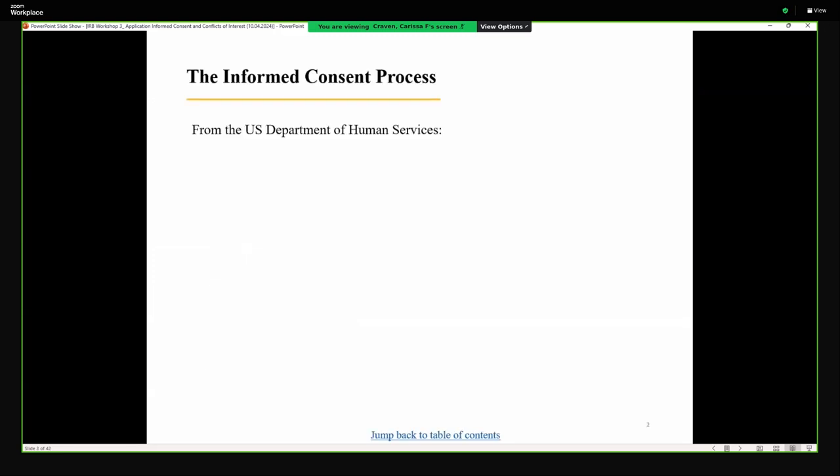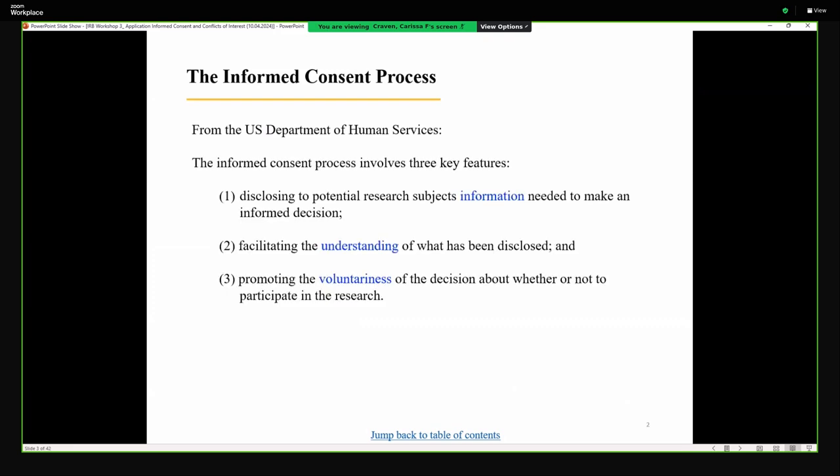So to start, the process comes from us because of different federal requirements. The US Department of Health and Human Services says that the process involves three key features.